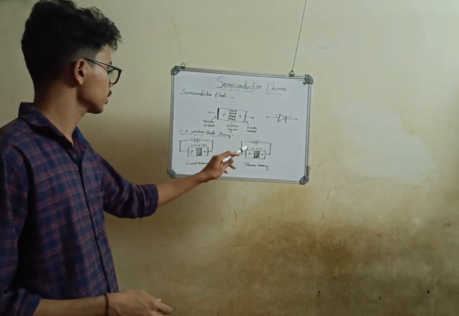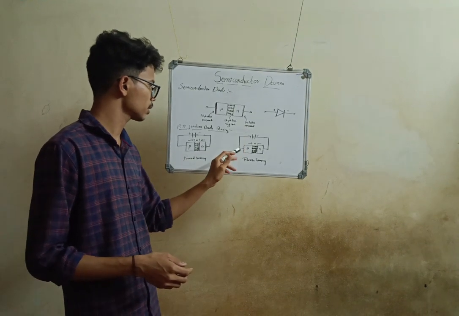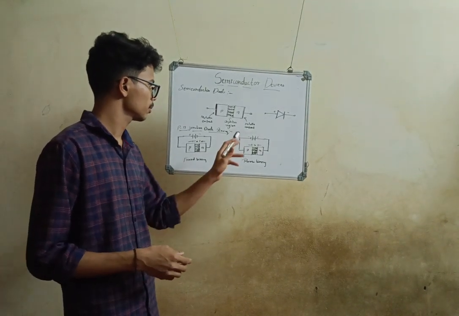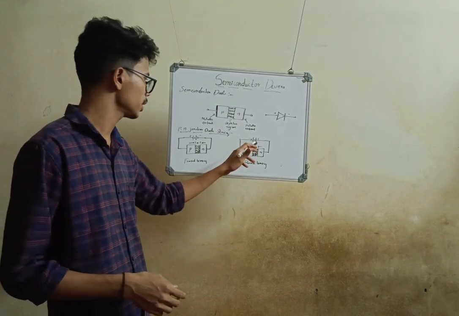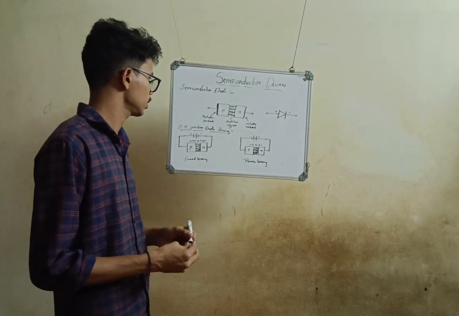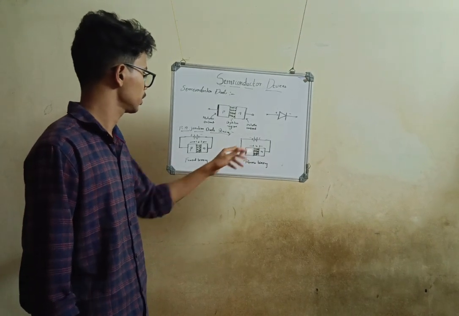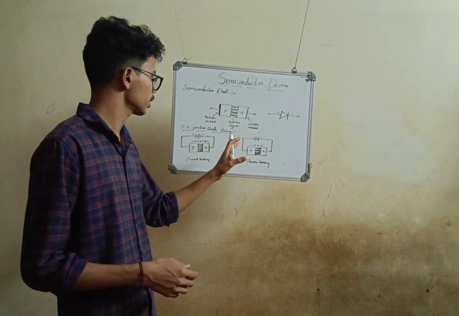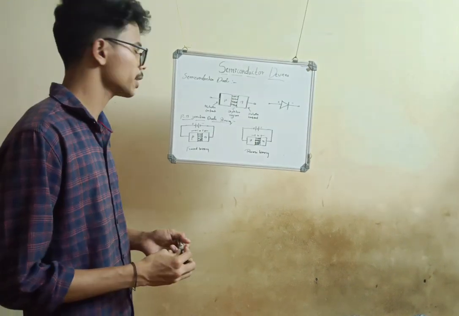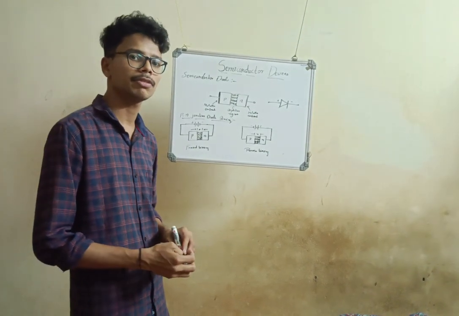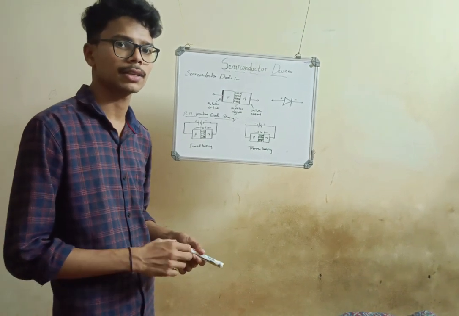In reverse biasing, the negative terminal of the battery is connected to the p side, and the positive terminal of the battery is connected to the n side. In this biasing, the depletion region width increases, and that blocks the flow of current. The applications of the diode are rectification, LEDs, and solar cells, etc.